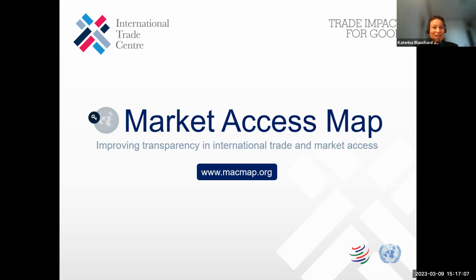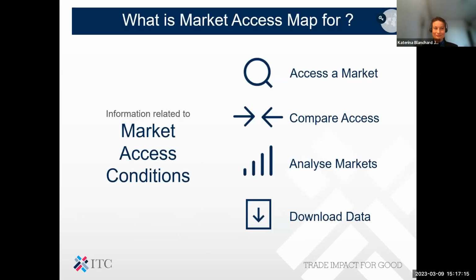Well, Maria is not surprised. She receives these questions all the time, and she already knows that she can use another tool, the market access map, to answer them. The market access map is a tool which allows us to find information about market access conditions, compare market access for different types of products and different markets, analyze markets, and much more.